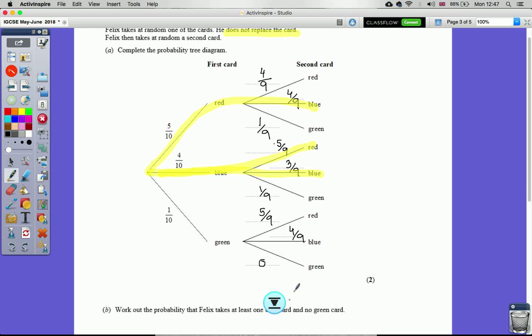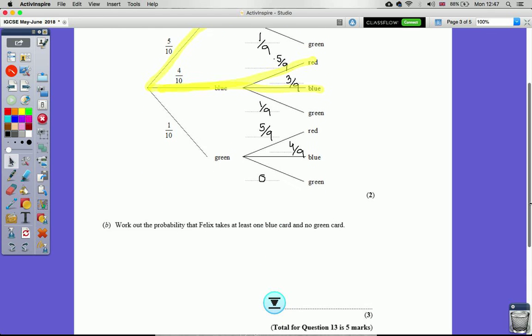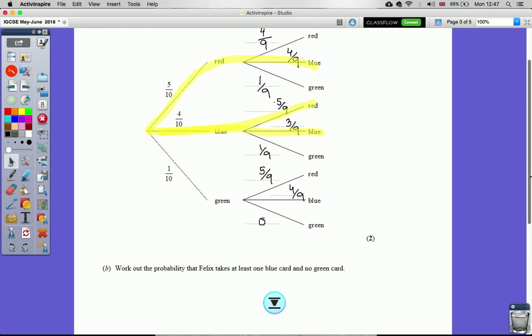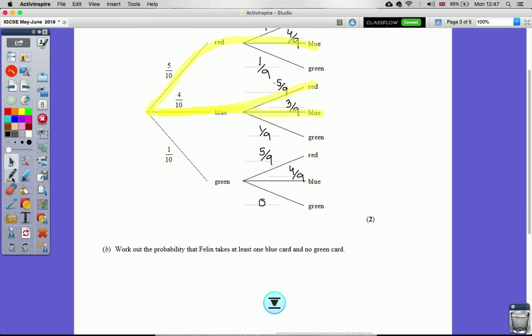So my probabilities are probability of red and blue, probability of blue and red, and probability of blue and blue. These are the three situations where this condition is fulfilled, and they will be connected by OR.